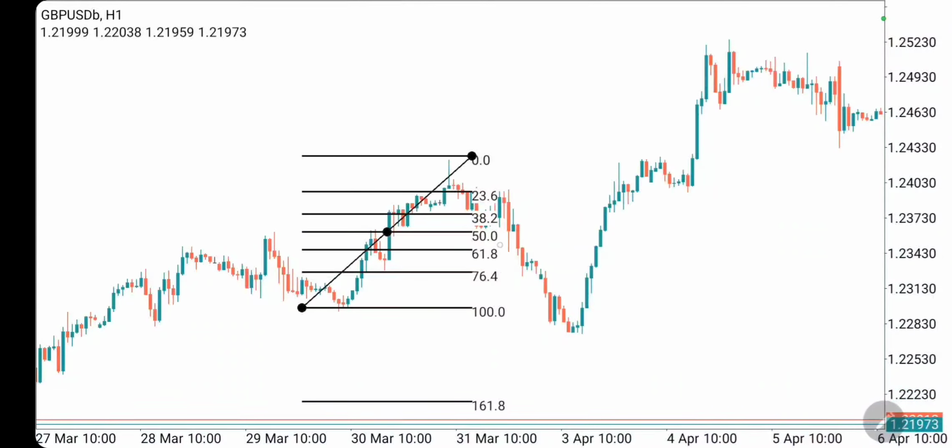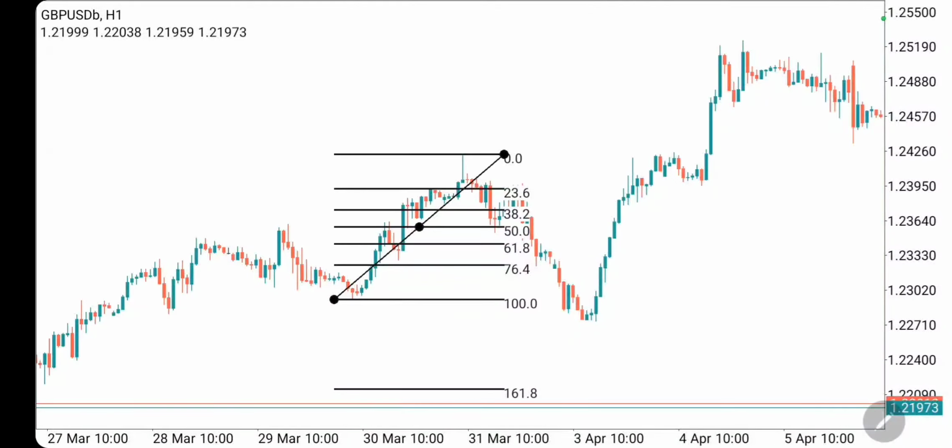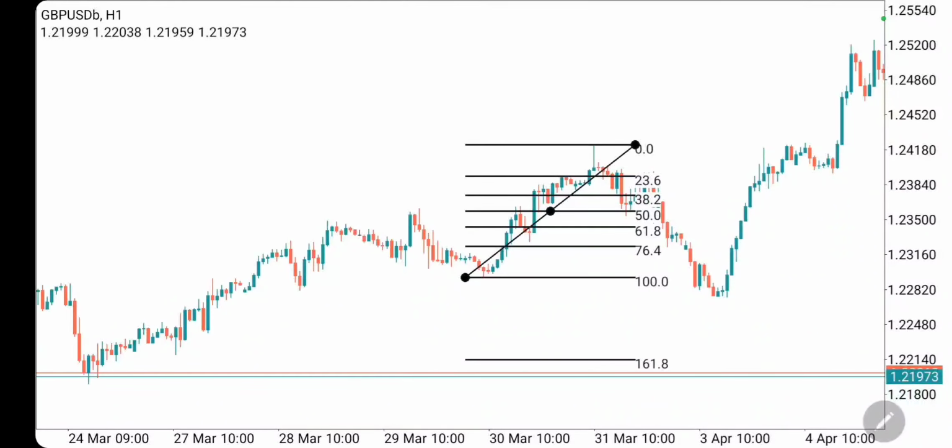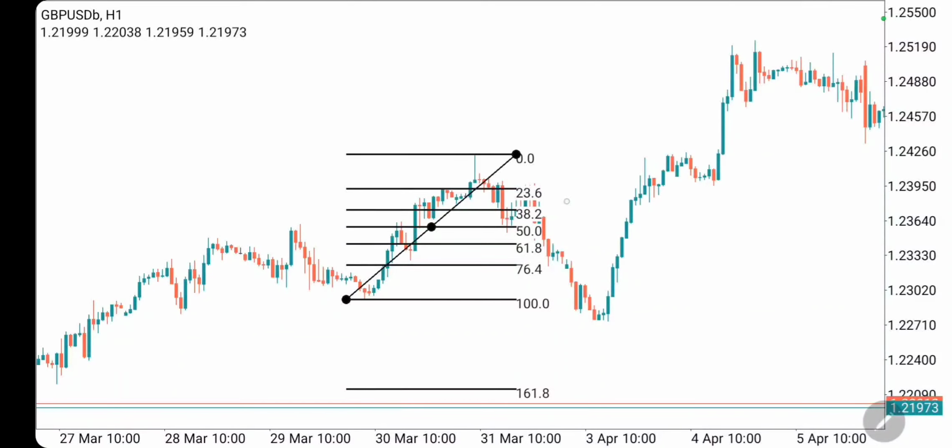In this case, the market actually did not take one of the levels. Though before now I would have shown you, there are about 5 levels that we expect the Fibonacci retracement to happen at. You can see this level.